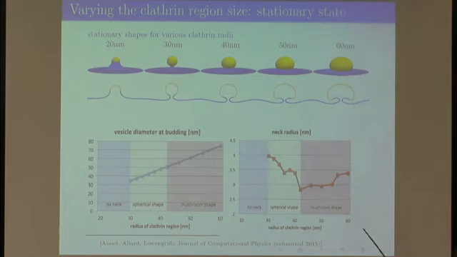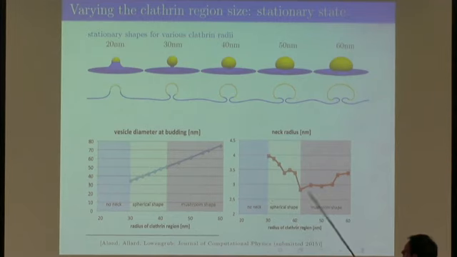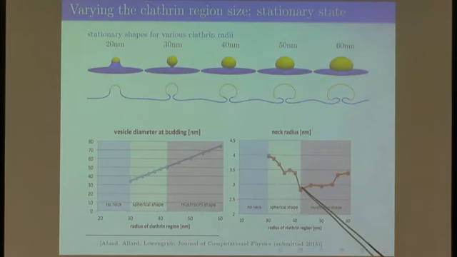And we also investigated the vesicle diameter depending on the region of this coverage, and we found that basically it depends linearly, which somehow makes sense. And also the neck radius, we looked at it, and it's a very thin neck. We see the smallest neck is about 3 nanometers thin.